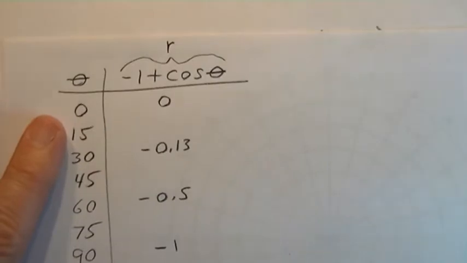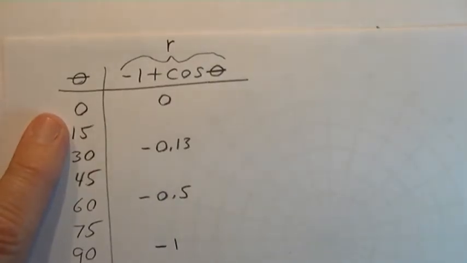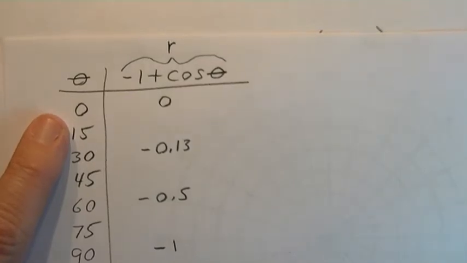The other thing I want you to notice, these are not positive numbers, which when you're doing polar coordinates and you get an R value that's negative, then you go in the opposite direction of the angle. It sounds complicated, but really it's just a matter of you go the other way. So instead of going that way, go the other way. And that's all we're going to do.